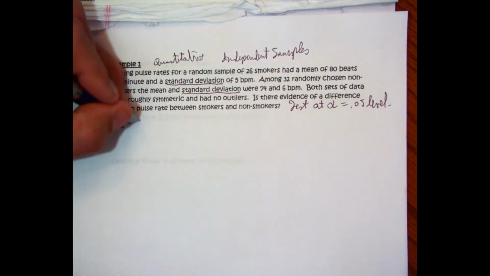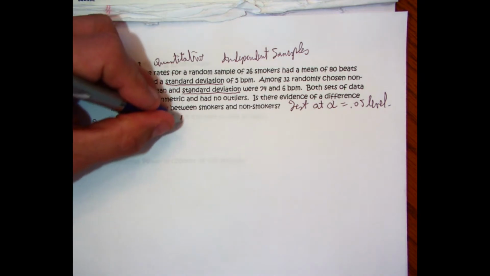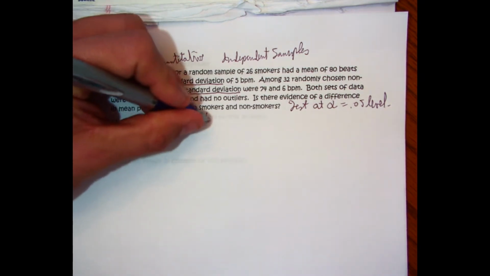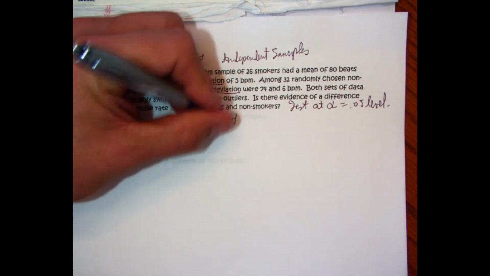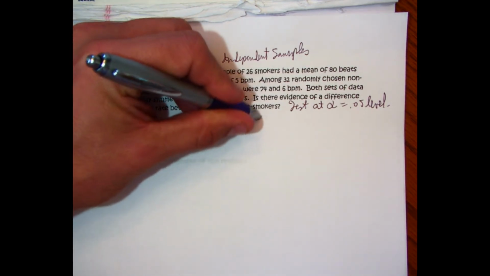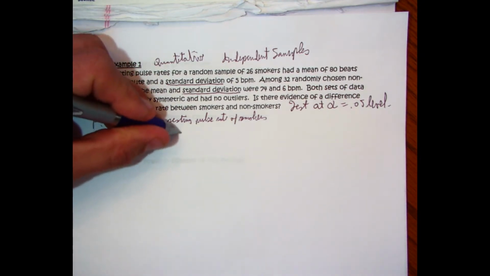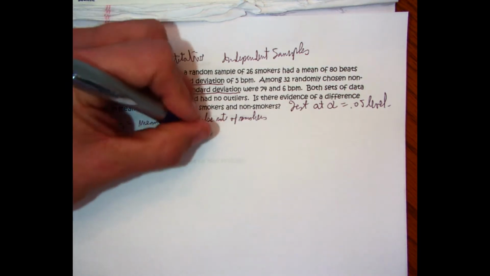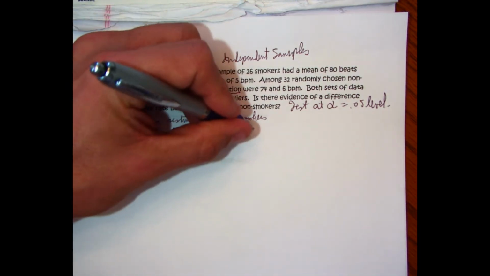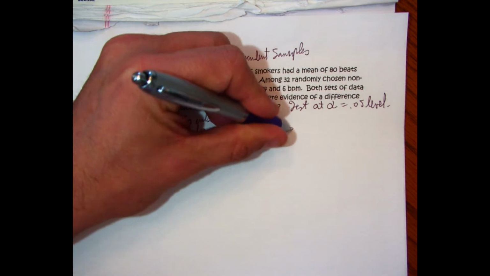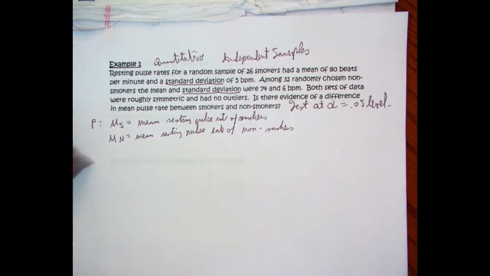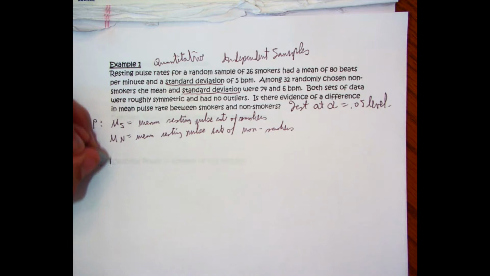So mu sub S is the mean resting pulse rate of smokers, and mu sub n is going to be the mean resting pulse rate of non-smokers. So there's our parameter. Our assumptions and conditions. Let's see. Okay, both samples are random.